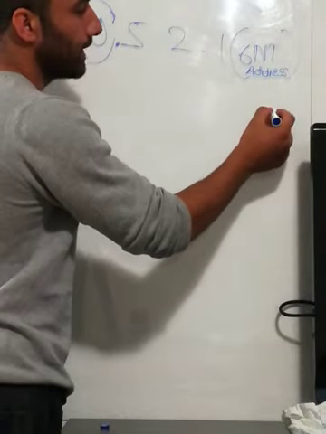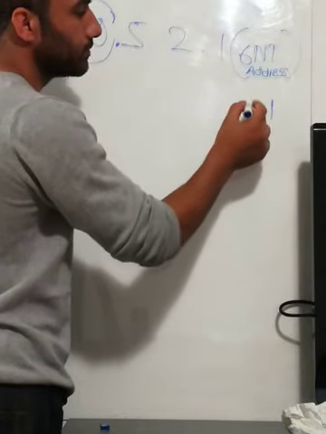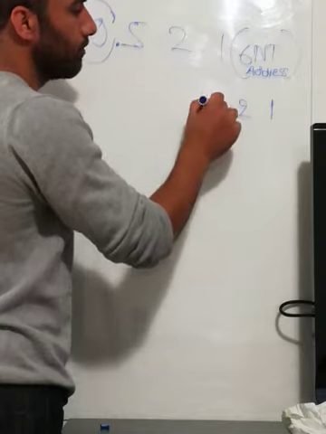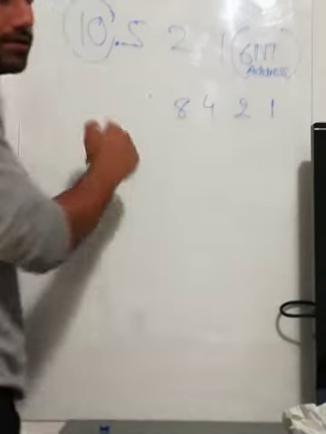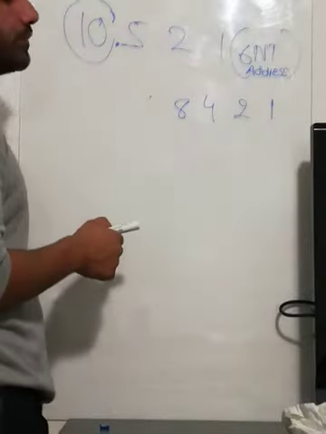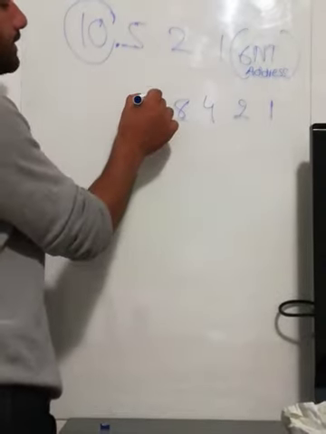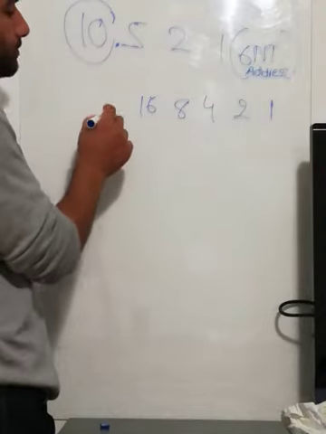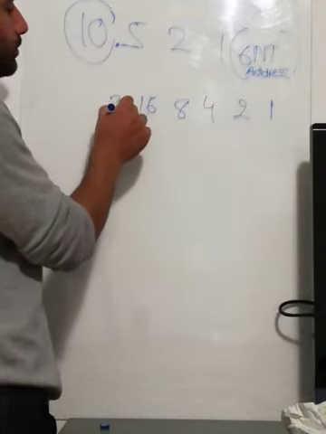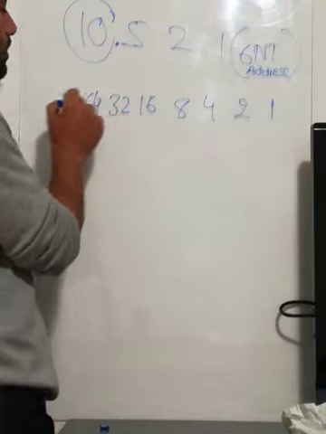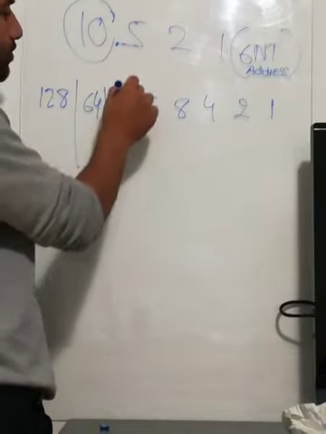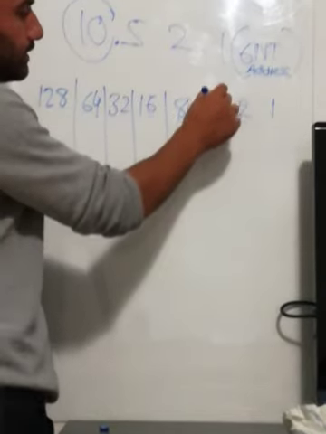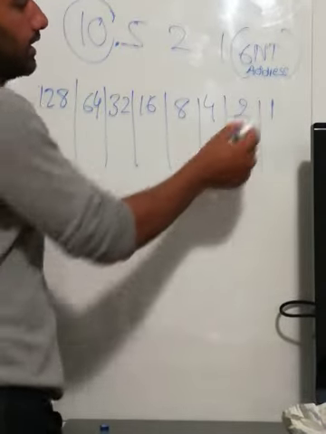Write down quickly 1, 2, 4, 8, and double it. Double it till you get 128: 16, 32, 64, 128. Now split each one from the other like this.